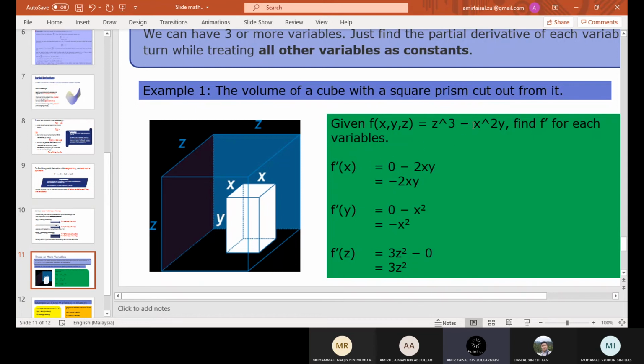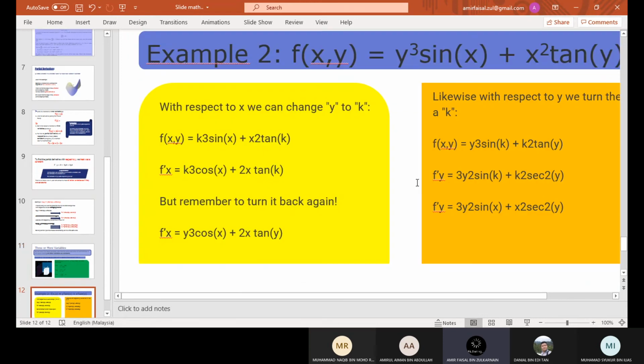Minus 2xy, because the power goes to the front, so it becomes 2x, and the power 2 minus 1 equals the power of 1. The y is kept because it is attached. So the answer is negative 2xy.